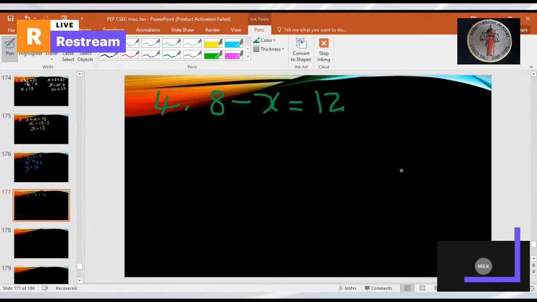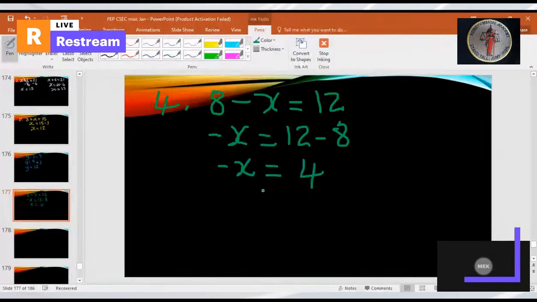And then you just rewrite the equation switching places. Or you can say, all right, I want to move the 8 to the right. So I'll have negative x equals 12 minus 8, and that is negative x is equal to 4.